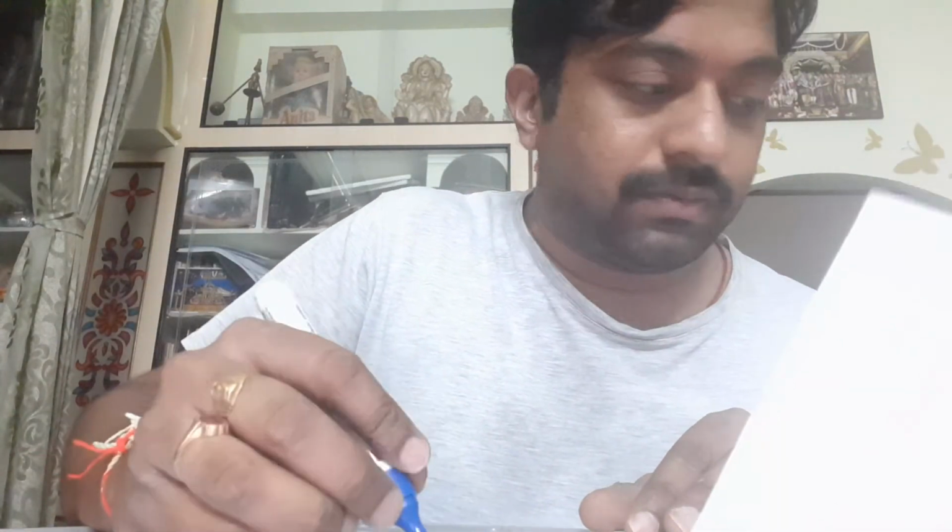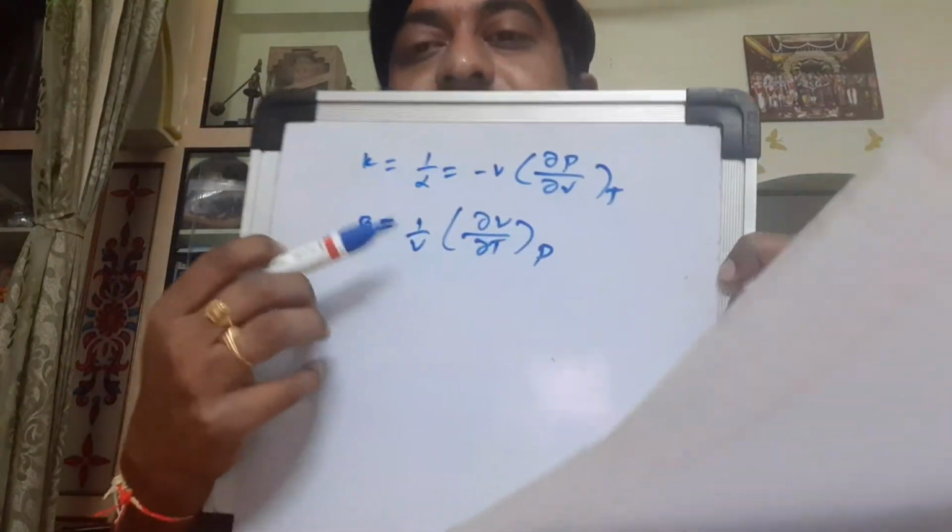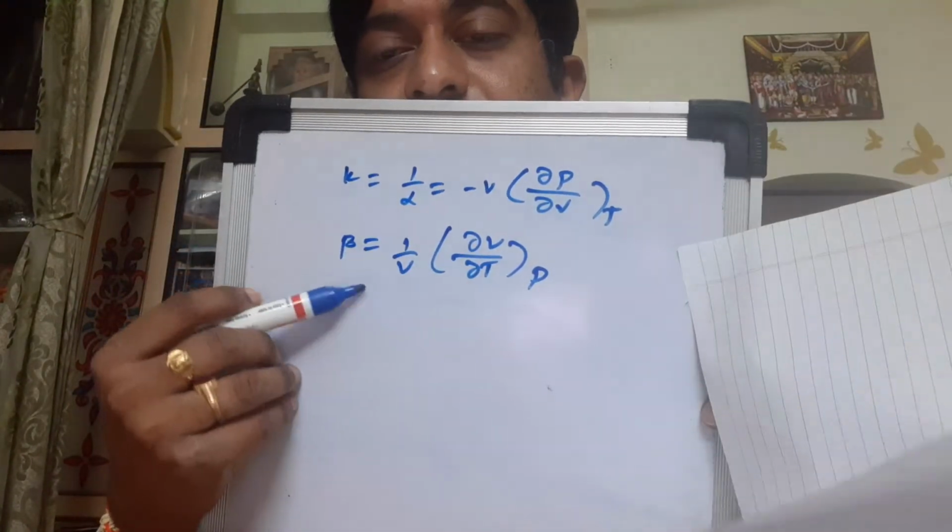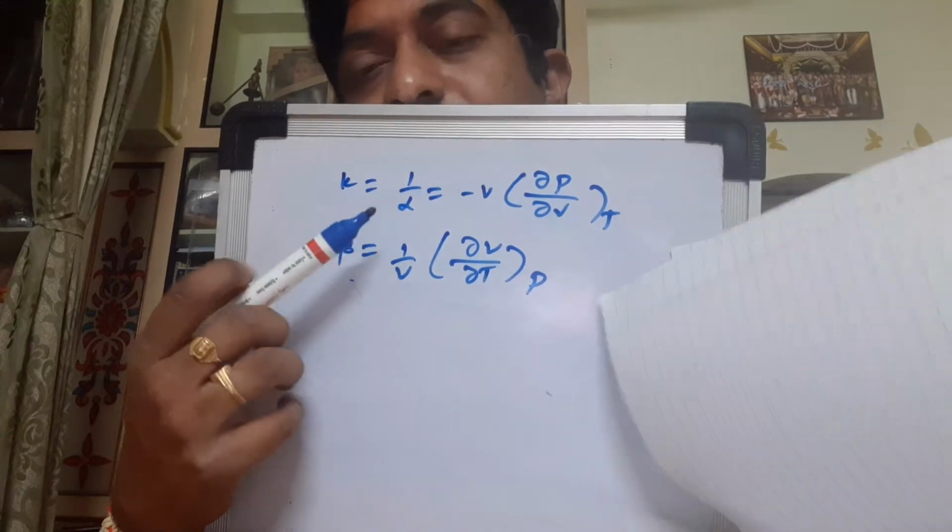Beta is equal to 1 by V dou V by dou T at constant pressure. So these are the relations, right? You just check the variables. Alpha I have taken for this one, but you can take the other convention also.